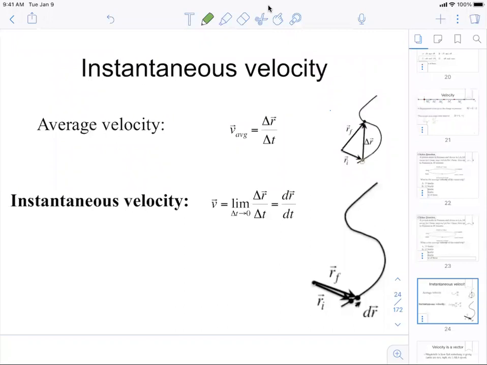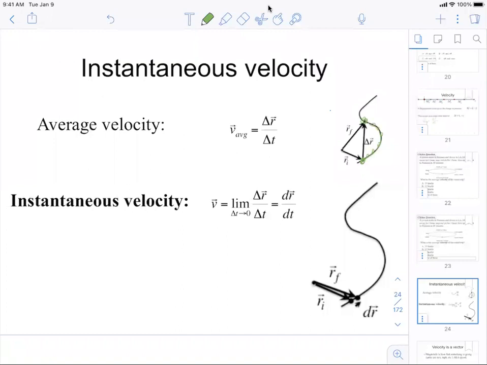If I'm looking at a displacement from here to here, with a delta t from here to here, I'm only getting an idea of how fast you're going from one point to another, but at every point along the way, you might have a different velocity.